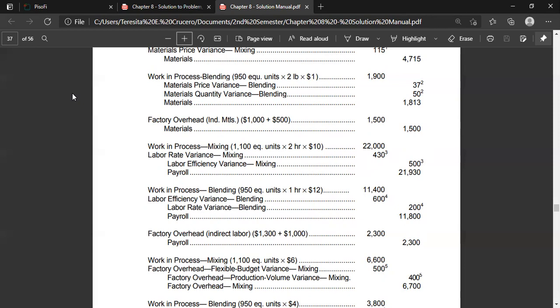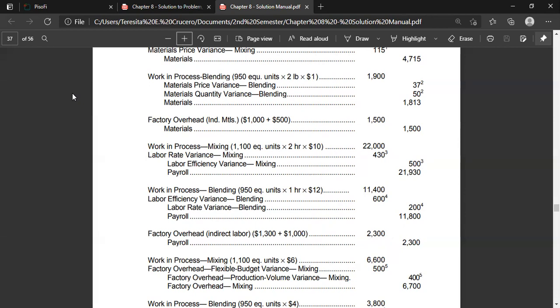Then we have now debit to work in process for the mixing, 1,100 times 10, times 2 hours. So we actually get the standard price of 22,000.